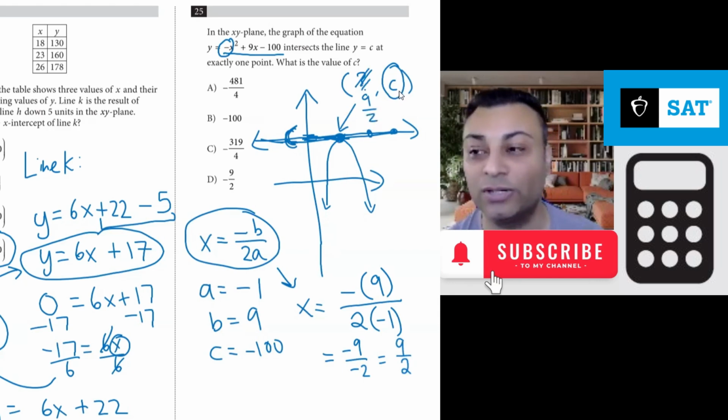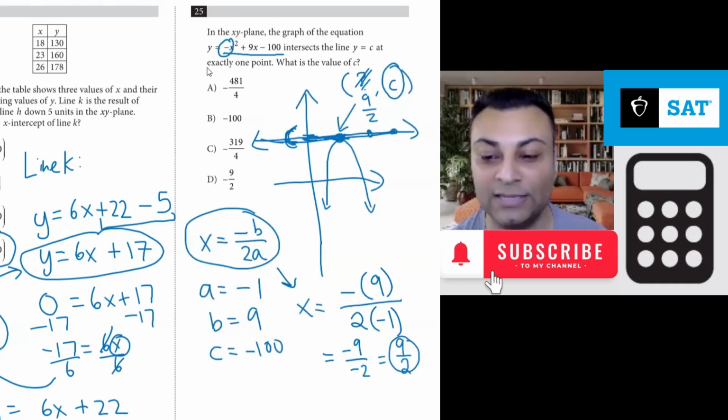We need the y coordinate, which is what happens when you plug 9/2 into the original equation. For that, let's get the calculator out.